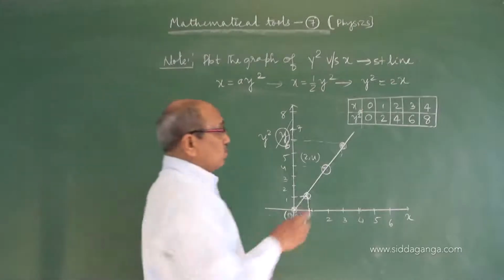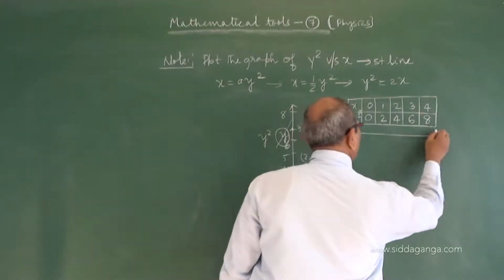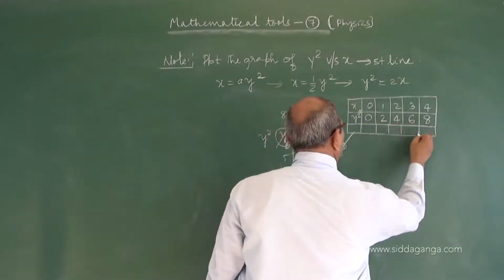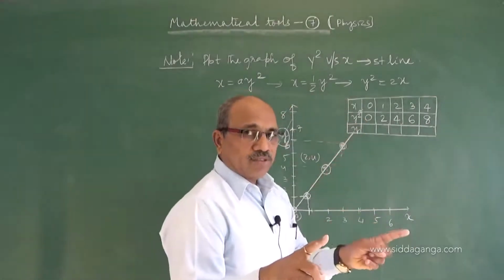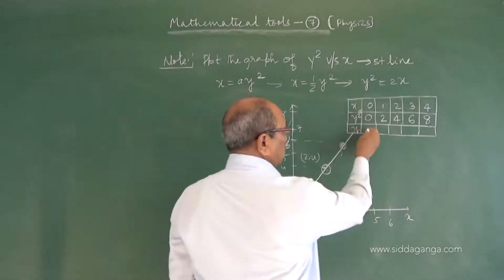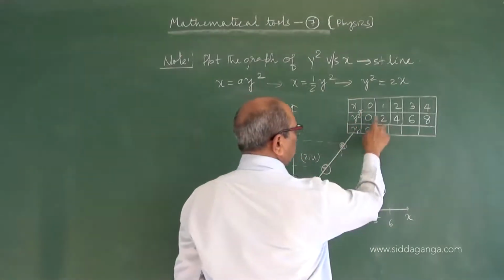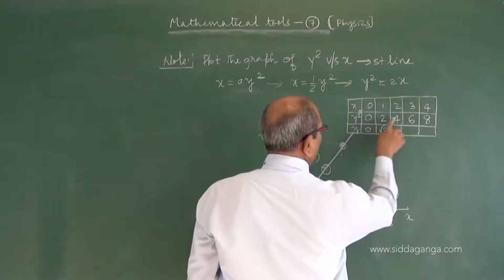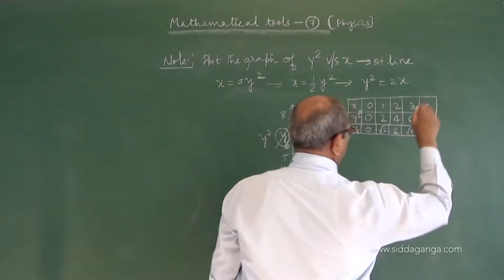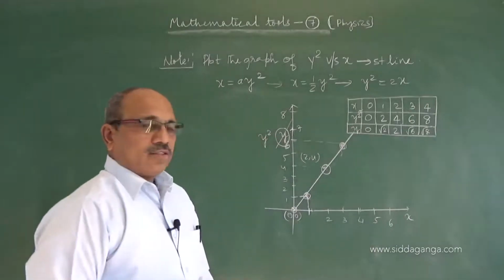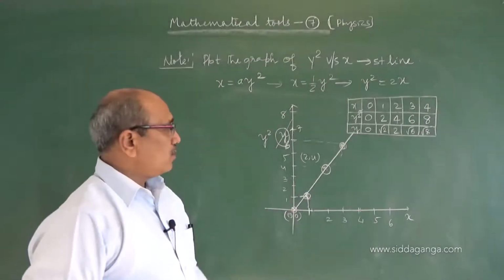Now if I take y, what are the values of y? For the same values of x, I am fusing the two graphs to convince you. 0 is 0, no doubt. 2, the square root of that is root 2. And 4 is 2, and root 6 and root 8. 0 is 0, same point.